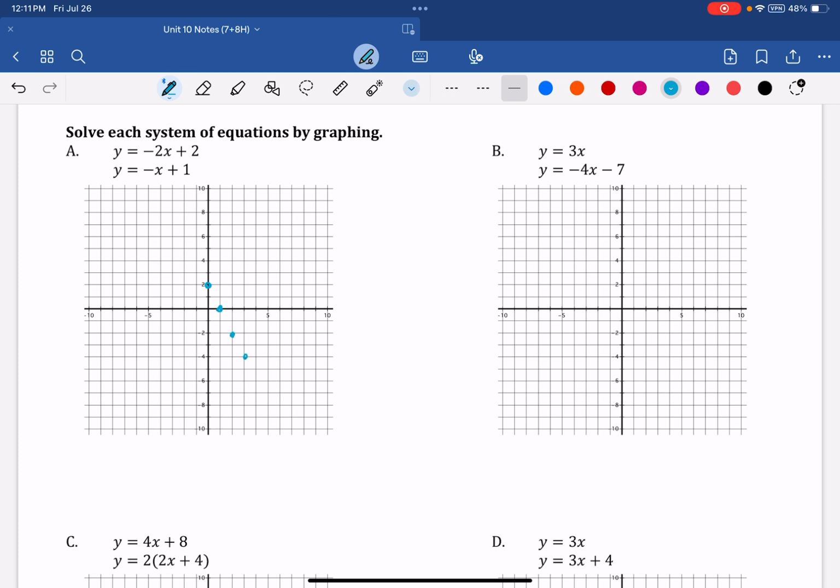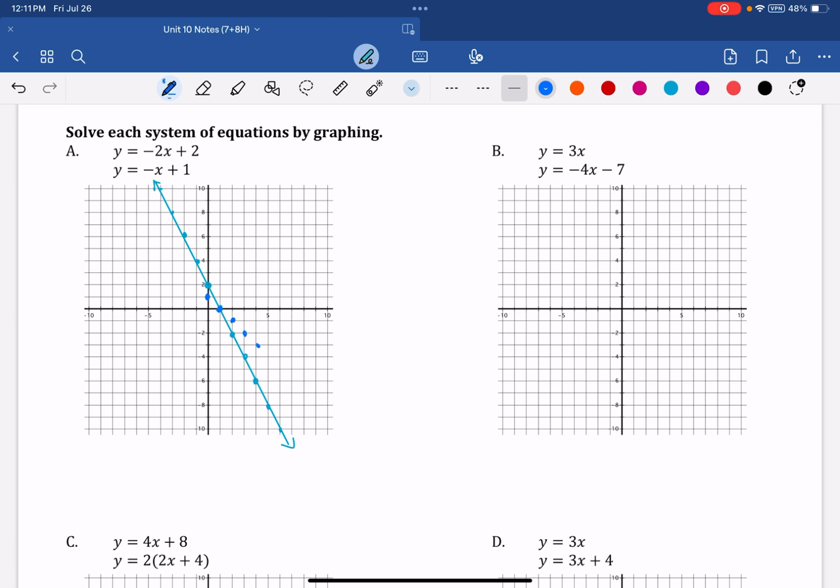And when graphing systems, you need to be very accurate. So I find it helpful to do as many points as possible, especially on your first line. And then when you get to your second line, you can tell where they intercept a little bit easier. So here we start at 1, negative 1 is our slope, so down 1, right 1.